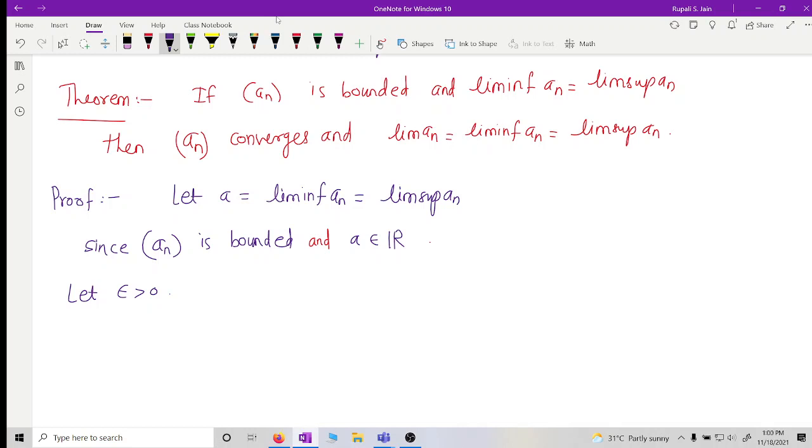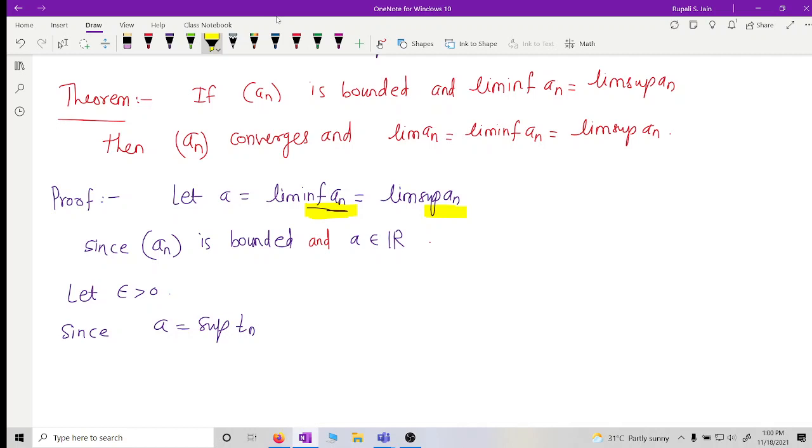Now since A is equal to supremum of t_n, why is it the supremum of t_n? Because this is nothing but small t_n, and this is nothing but capital T_n.